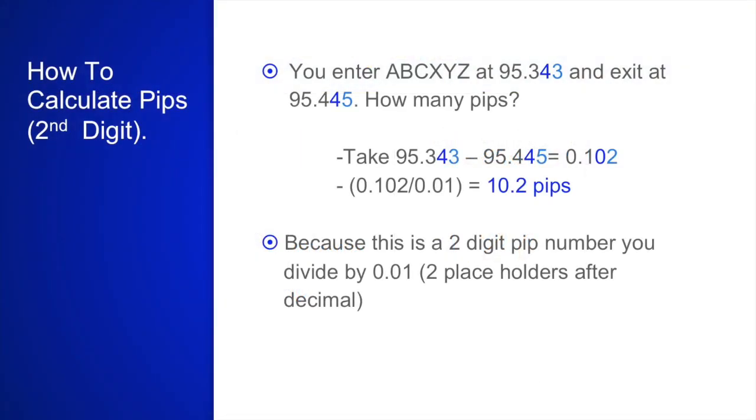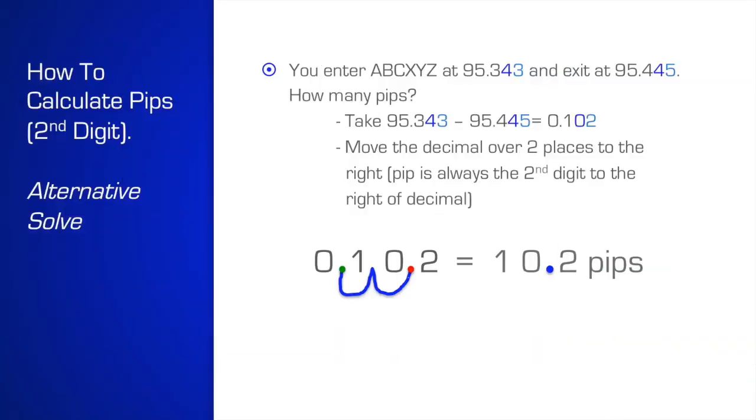Now the other way of doing it, you already know, is slide the decimal place 2 spaces to the right. Remember, 2 places because the pip is the second digit to the right of the decimal in yen and gold pairs. So here's a screenshot of a yen pair. Notice right here where it says where you entered.